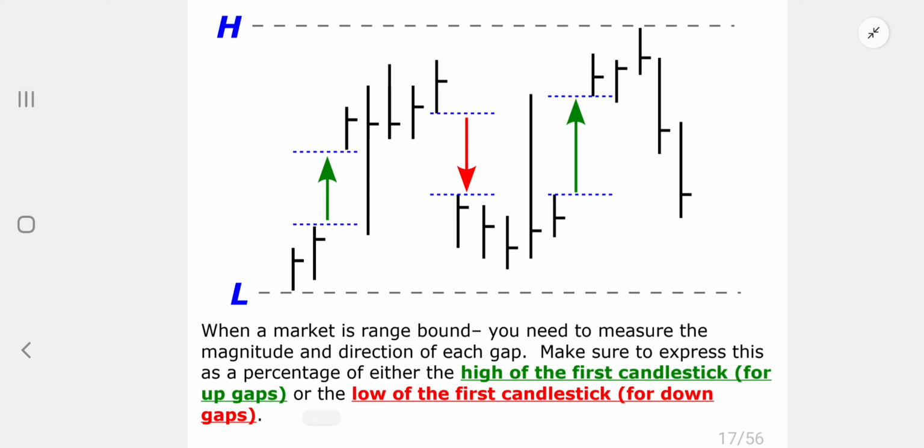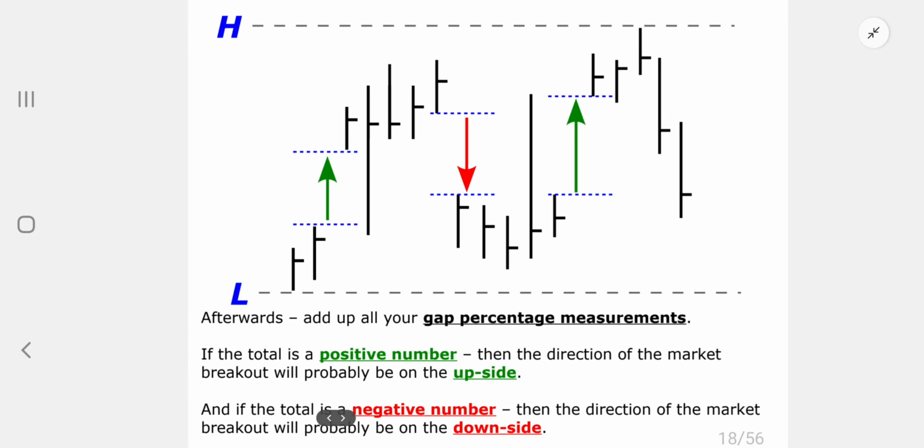When a market is range-bound, you need to measure the magnitude and direction of each gap. Make sure to express this as a percentage of either the high of the first candlestick for up gaps or the low of the first candlestick for down gaps. Afterwards, add up all your gap percentage measurements.